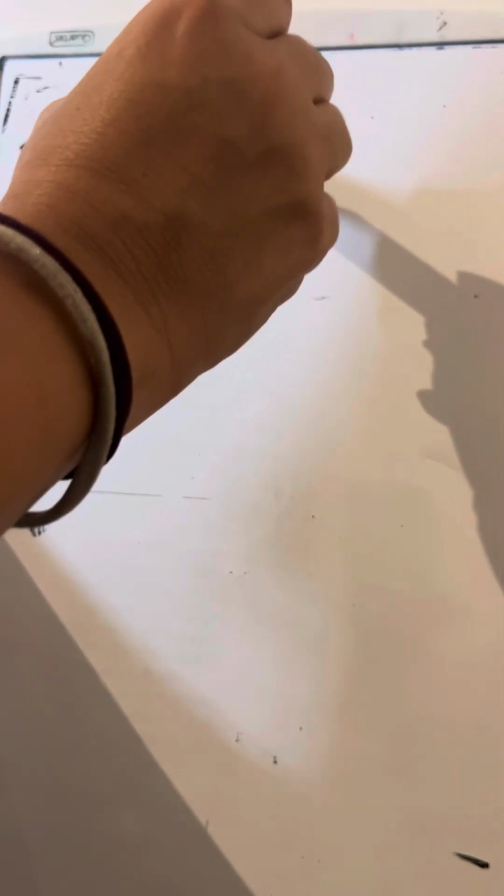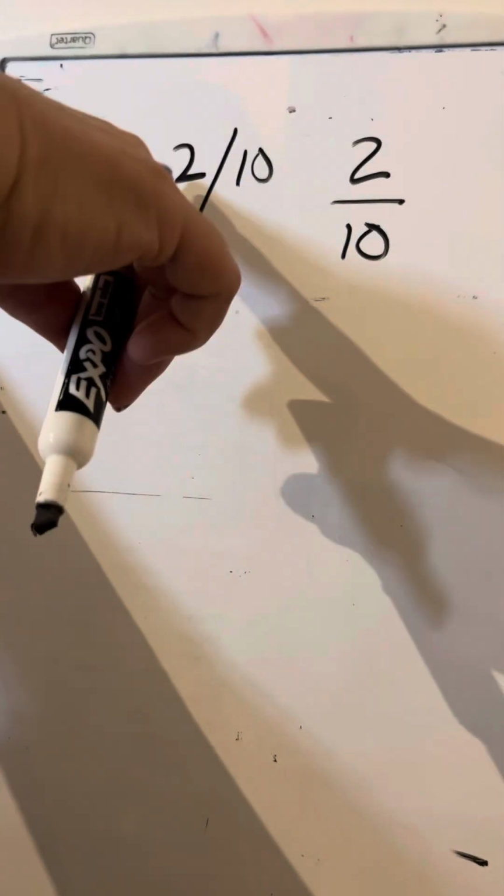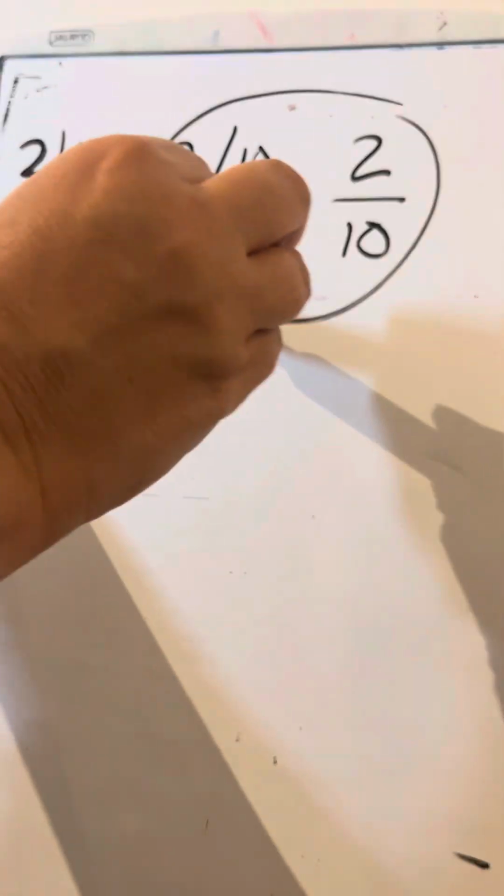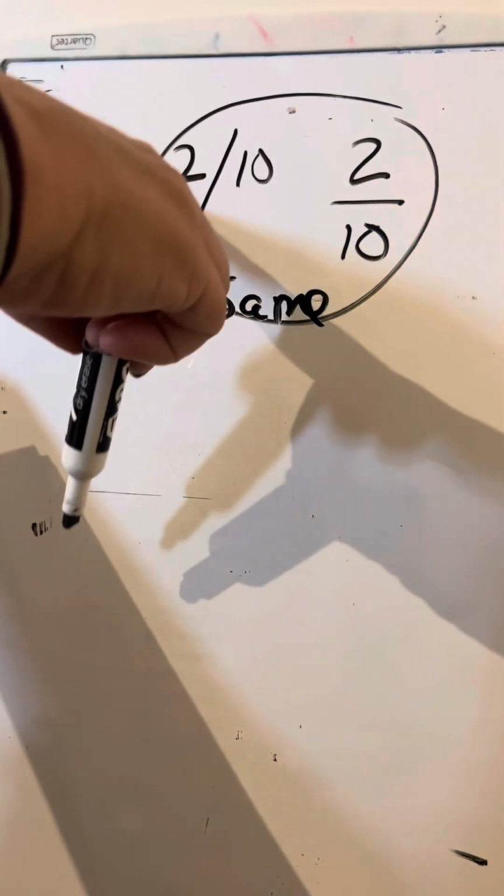Now look at another one. What is that one compared to this one? This one we know is 2 divides 10. This one is 2/10 or 2 divided by 10, which are literally the same.